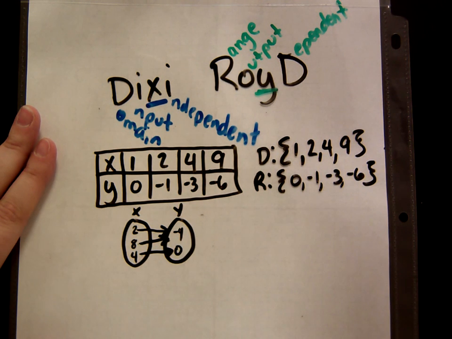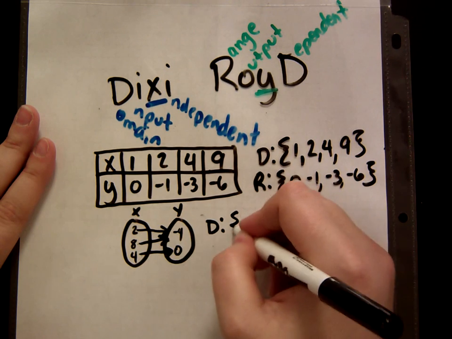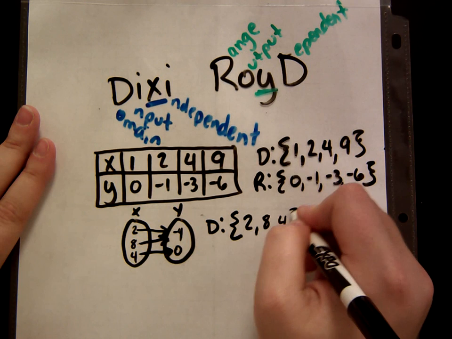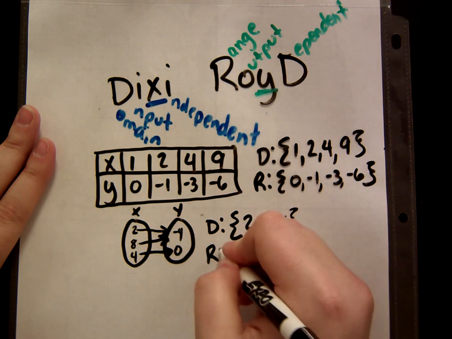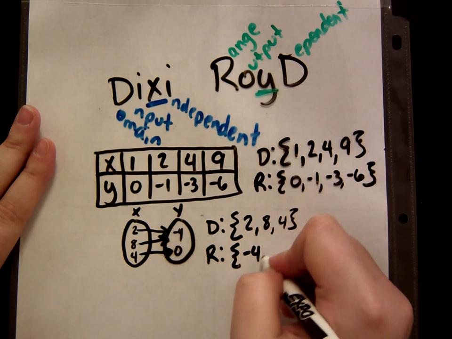And the mapping's like this. Both the 2 and the 8 go with -4, and the 4 goes with the 0. The domain on this one would be the X values, the set containing 2, 8, and 4. For the range, it's only two numbers, -4 and 0.